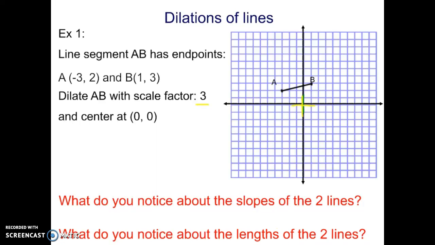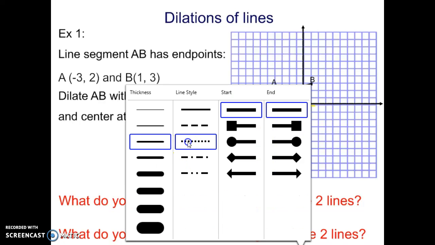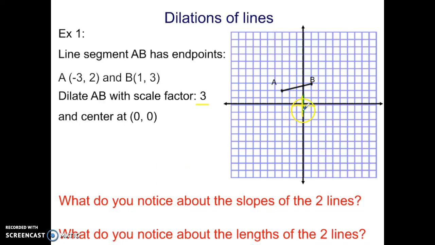So if we look at the first point on there, A, to get to A, we're going to go left 1, 2, 3, and up 2. Now we need to go 3 times as far. So you still start back at the origin, that little yellow cross, start back there. So we're going to go left 3, up 2, and we have to do that 3 times.